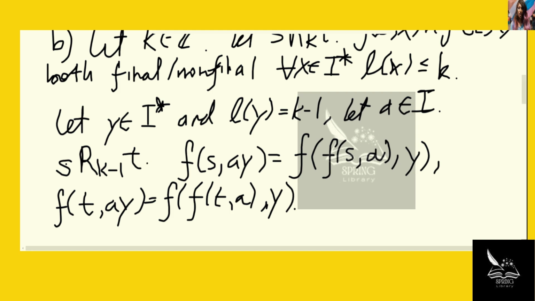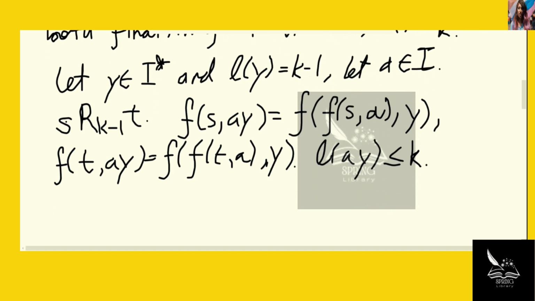So since the length of ay is less than or equal to k, in fact it's going to be equal to k, it follows that f of Sa is k minus 1 related to f of Ta.